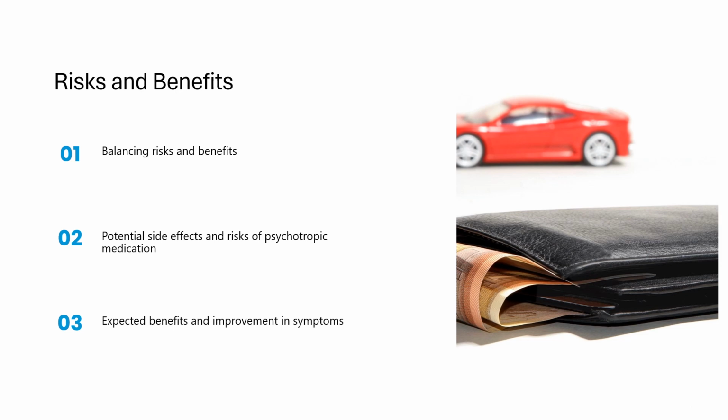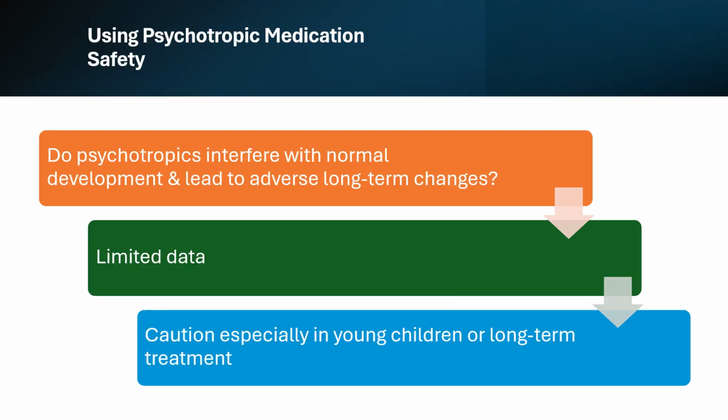You should know the possible side effects of psychotropic medications, what the risks are if a child takes this, and of course the benefits. That is what you are supposed to tell the parents also: these are the risks, these are the benefits, and then both of you decide.